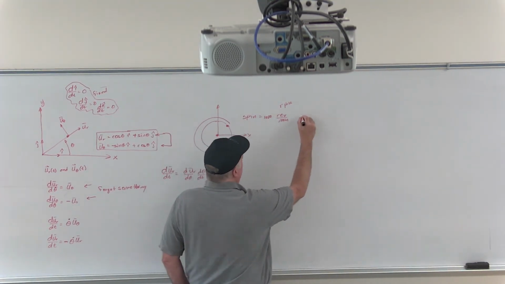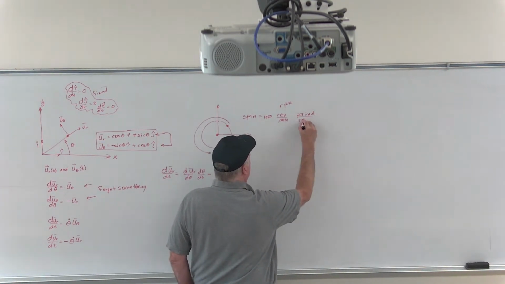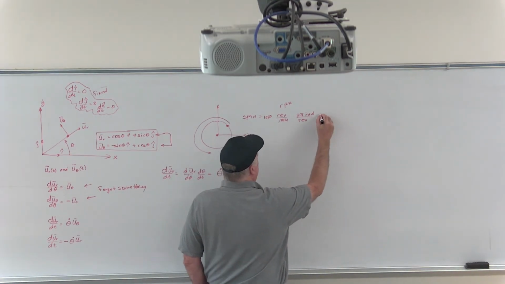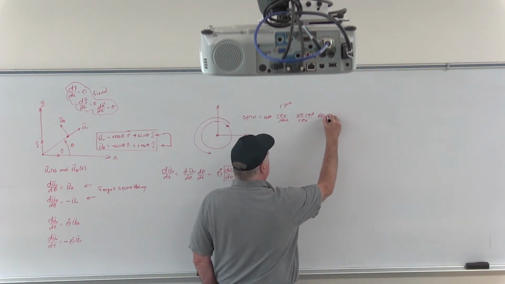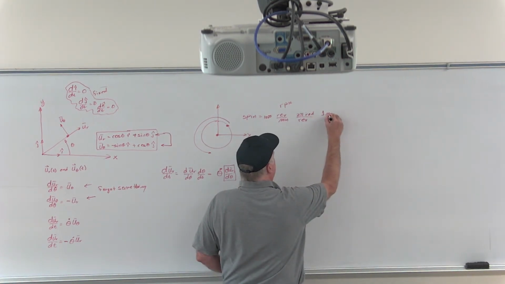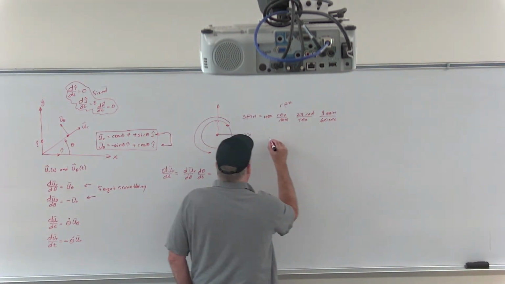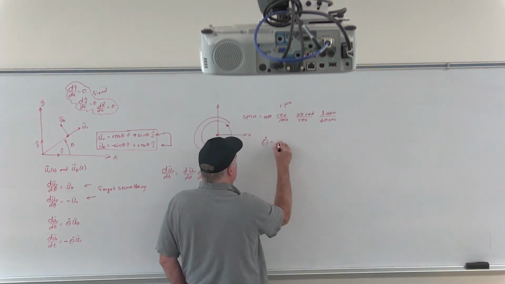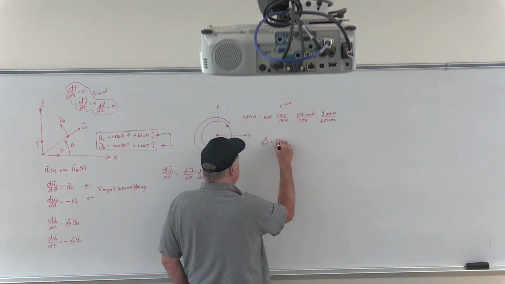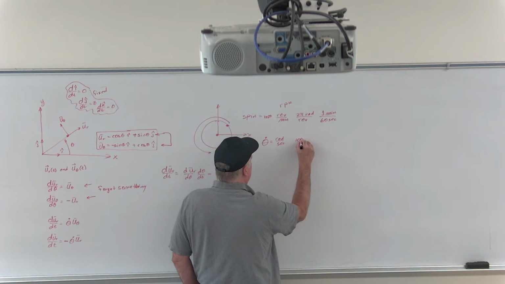Well, if I have 2 pi radians per revolution, and 1 minute equals 60 seconds, then I have a theta dot of so many radians per second, which is 1,000 times 2 pi over 60.